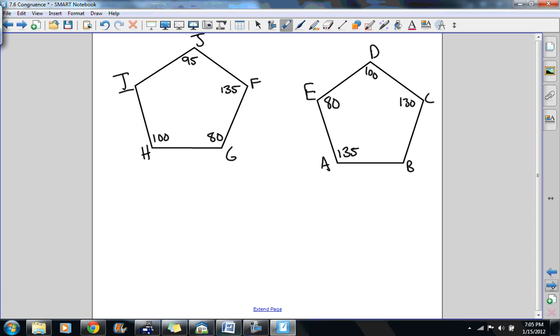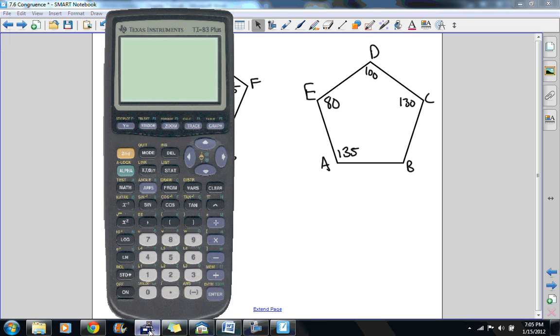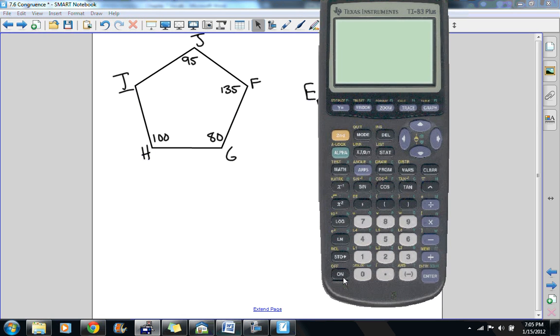So let's try another one. Okay, I look over here and I think to myself, this is a pentagon, and if I look back in my notes, a pentagon has to add up to 540 degrees. So if I added up all of these together, I would realize that we have 95 plus 135 plus 80 plus 100.